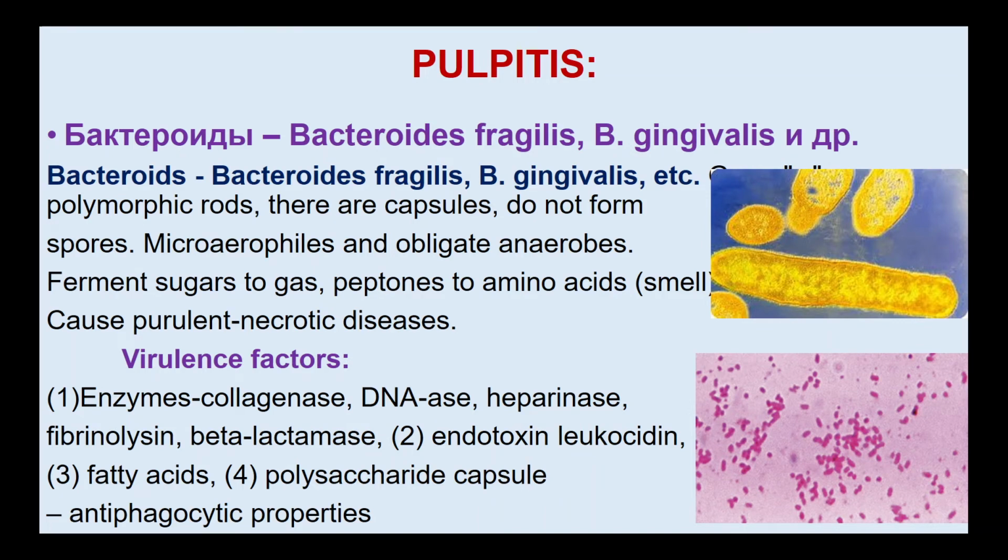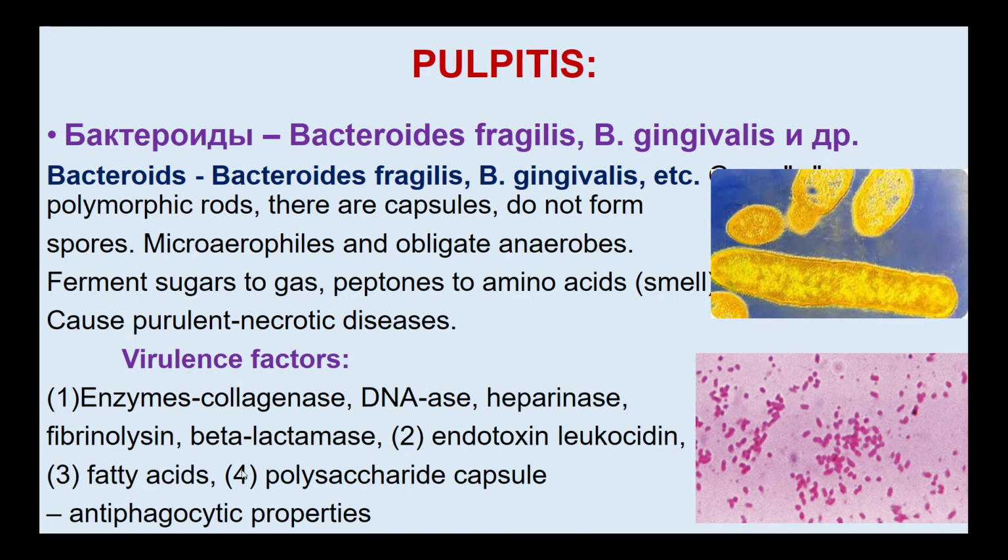Why do these bacteria cause this problem? Because they produce virulence factors such as enzymes: collagenase, DNase, heparinase, fibrinolysins, beta-lactamase. Collagenase destroys collagens, DNase destroys the DNA of cells, heparinase destroys heparins, fibrinolysins destroy fibrins, which gives the ability to spread this bacteria in tissue.